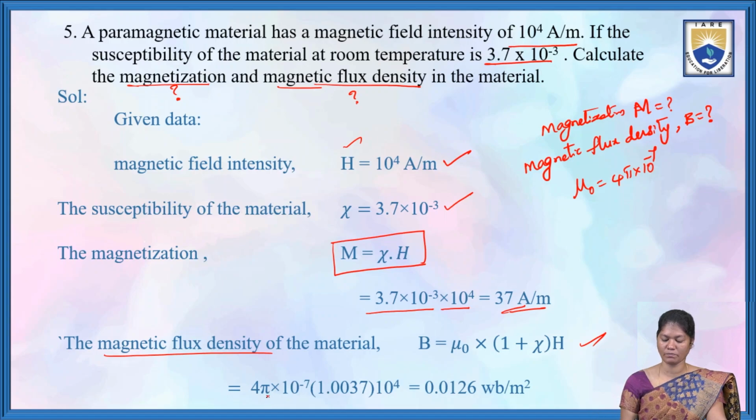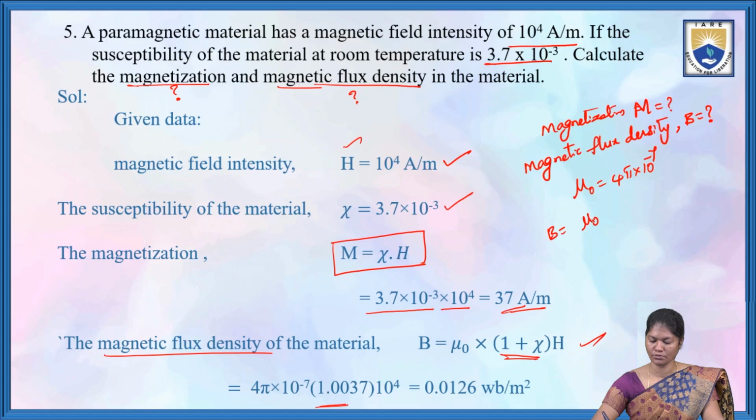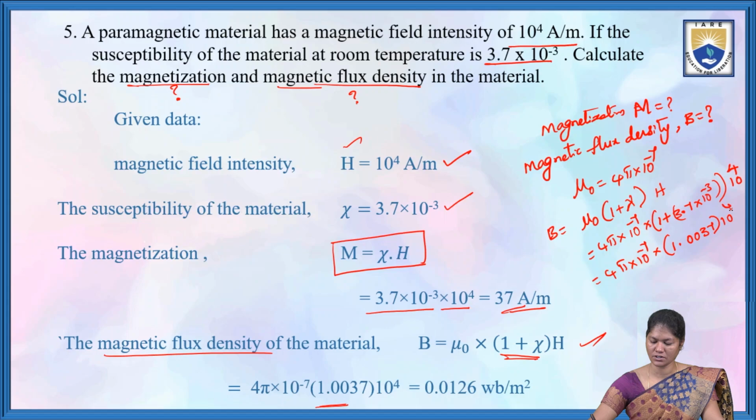So B is equal to mu naught into 1 plus chi into H, which is 4 pi into 10 power minus 7 into 1 plus 3.7 into 10 power minus 3, into 10 power 4. So it is equal to 4 pi into 10 power minus 7 into 1.0037 into 10 power 4.